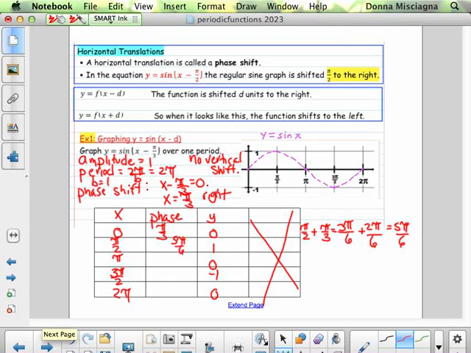So the next phase shift number is 5 pi sixths. Now we need to add pi plus pi thirds. That is 3 pi thirds plus pi thirds, which is 4 pi thirds, and that would be 4 pi thirds here. And then we have 3 pi halves plus pi thirds. Again, we have to change.